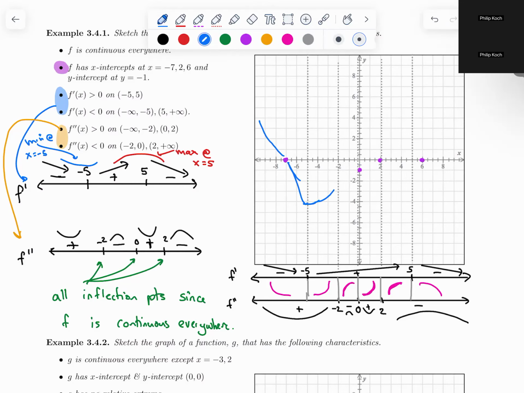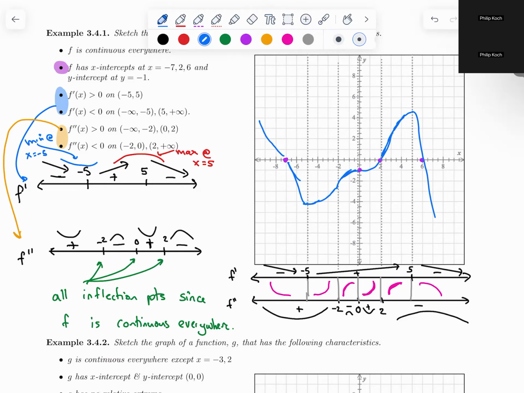But then at -2, I'm going to change concavity, so I'm going to have to go down like that. Then I'm going to change concavity again and start increasing. And then I'm going to have to go up, but be bending downwards until I reach a maximum. And then I've got to continue downwards like that.